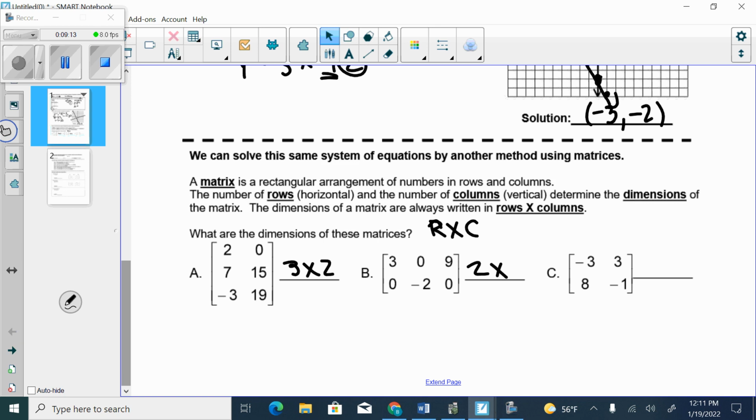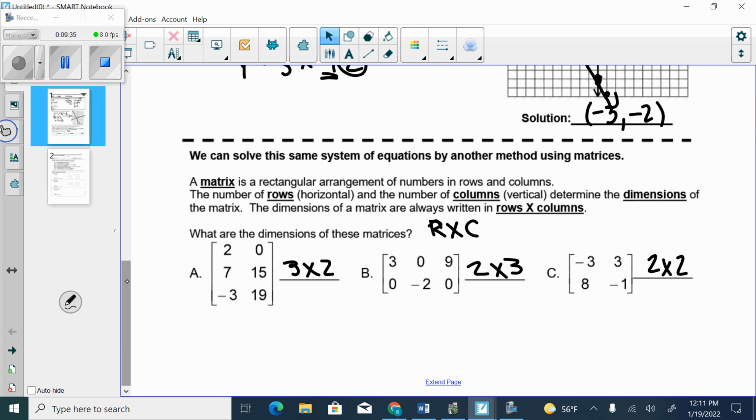And how many columns? 3, so this is a 2 by 3 matrix. And then on figure C, how many rows do we have? 2. And how many columns? So this would be a 2 by 2 matrix. This is important because you have to tell your calculator how many rows and how many columns.